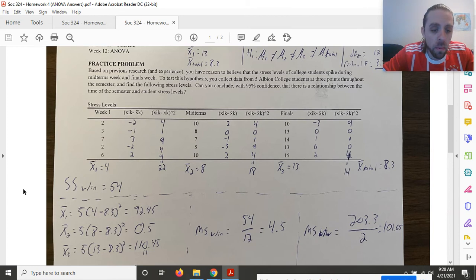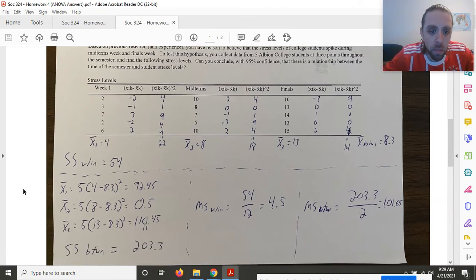So the sum of squares within the group for week 1 is 22. For midterms week it is 18. For finals week it is 14. Add those up, my sum of squares within the group is 54. Not a very high number.